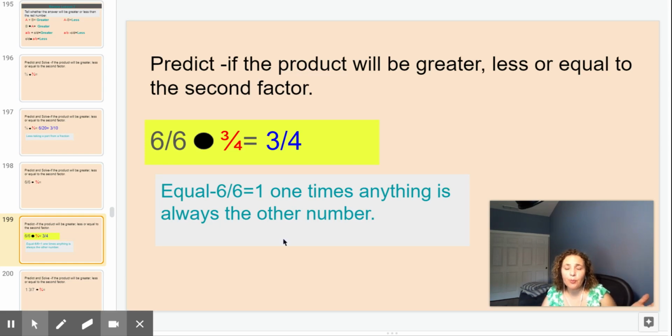So if I multiply 3/4 times one, it's going to be 3/4. So they are equal. Don't let that fool you. Anything multiplied by one is always the other number, unless you're multiplying by zero, and then it's going to be zero. That overrules it.